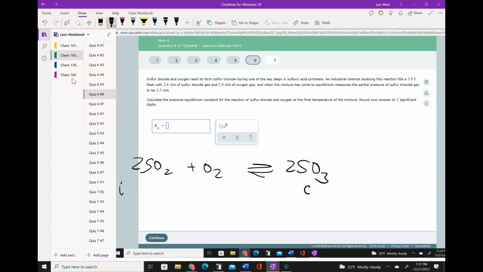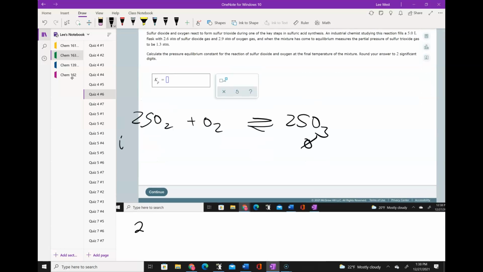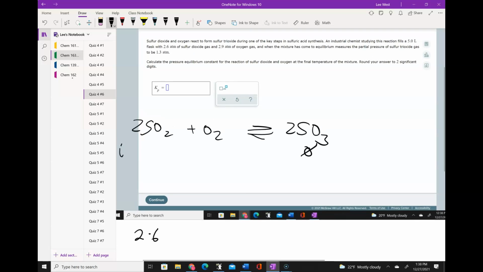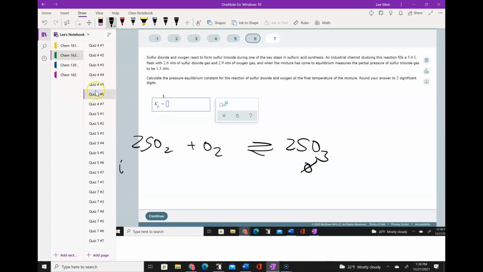So none of that. See, it's Kp. I'm going to solve for Kp, so we don't need this volume here. We can just work with the atmospheres. Wonderful. So initially we've got 2.6 of that.